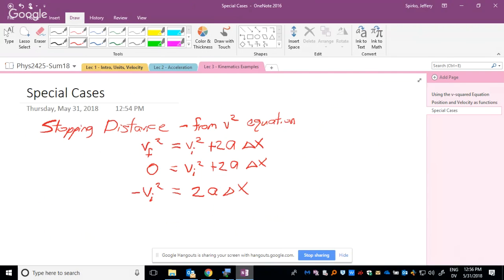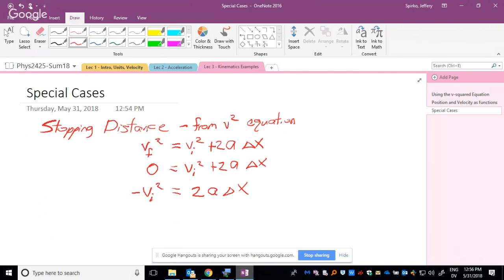Now, if the left side of the equation is negative, and it is because we see the minus sign, and the v_i is squared, so it can't be negative to cancel out the minus sign. So the left side is negative. That means the right-hand side of the equation also has to be negative. Otherwise, it's not an equation. And we don't see an explicit minus sign on the right-hand side. So there must be a negative sign hiding inside one of those variables, an implicit minus sign.